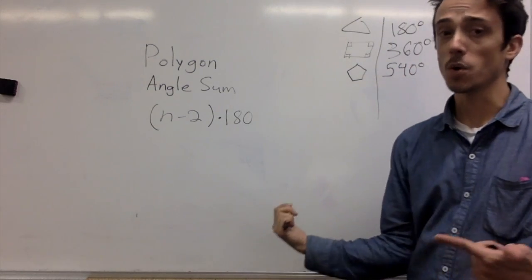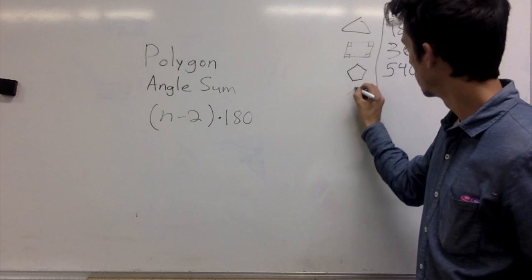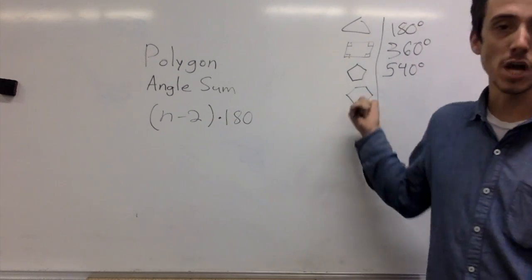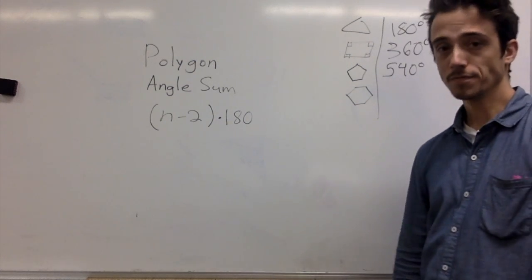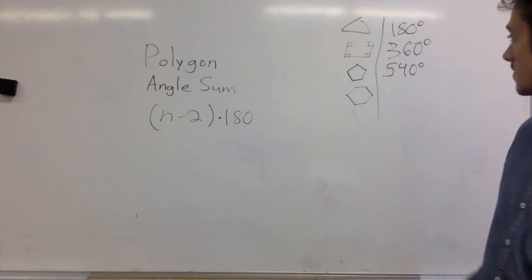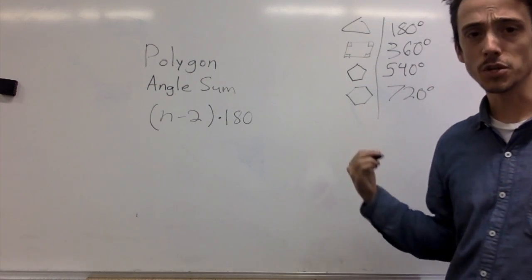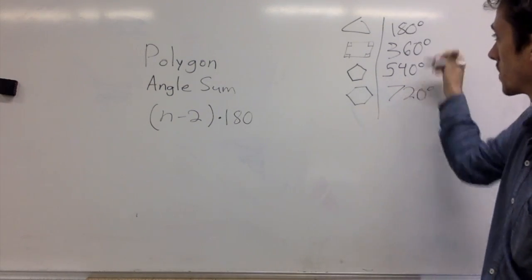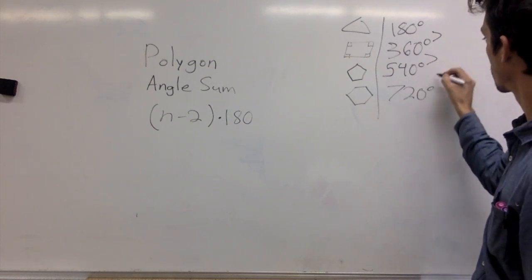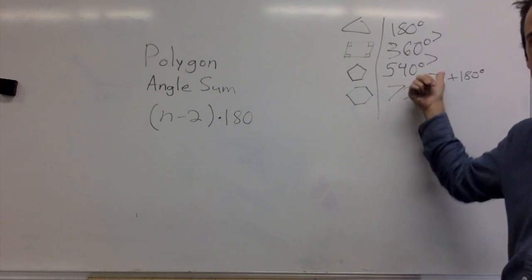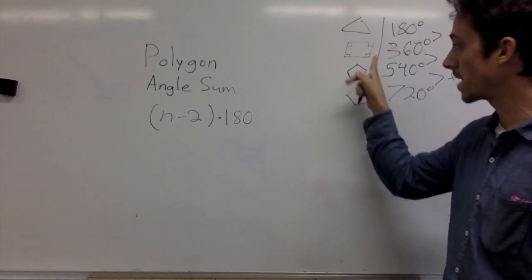If we kept this going for a 6-sided figure, just a shot in the dark, what do you think? 720 degrees. You could probably assume that this is going to keep going and going. It keeps increasing by 180 degrees every time that we add a new side.